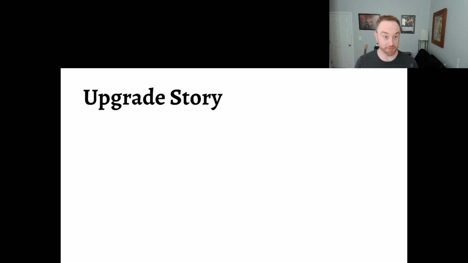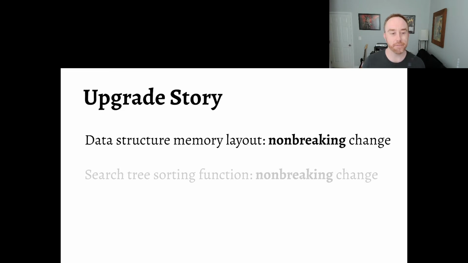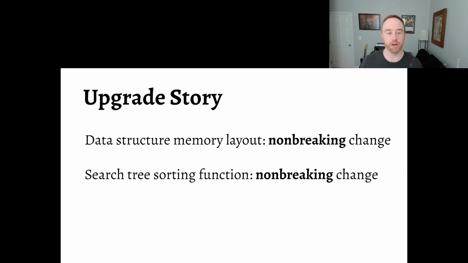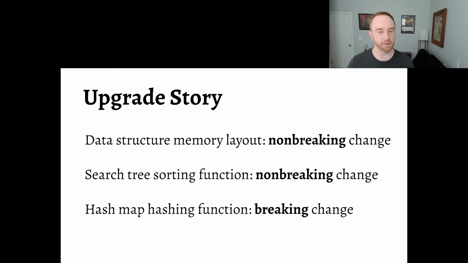The upgrade story, I think, is a much bigger downside. If you're going to upgrade your data structure's memory layout, that can be a non-breaking change for a hash map. And if you're upgrading a search tree's sorting function or tree layout, that's also going to be a non-breaking change. But if you have an unordered hash map and you change the hashing function, that is almost always going to be a breaking change.